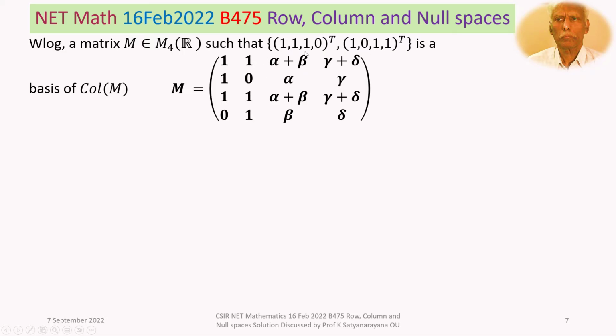And any other column is a linear combination. That is, the third and fourth columns are linear combinations of the first and second columns.